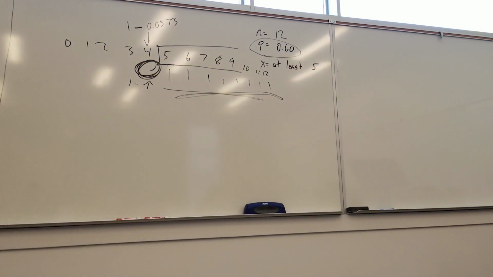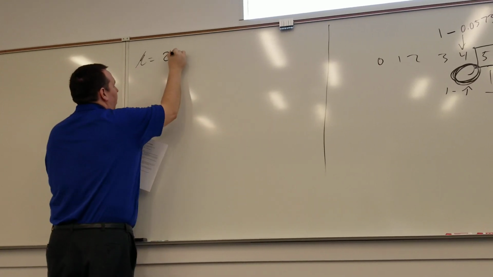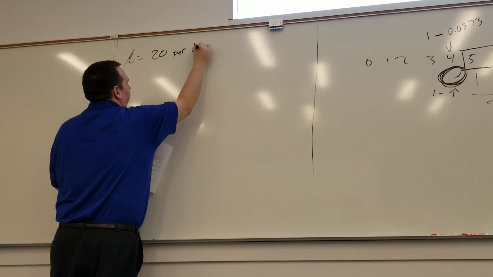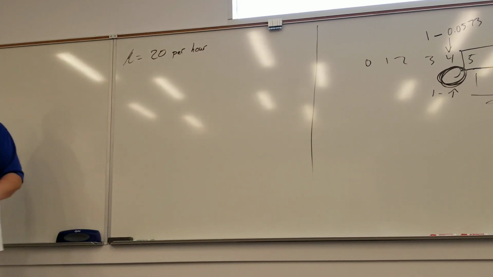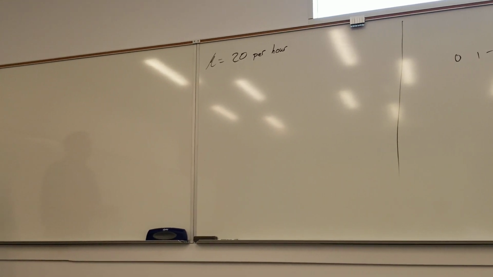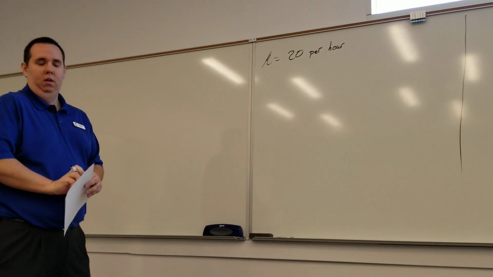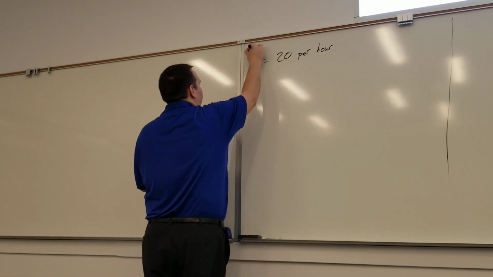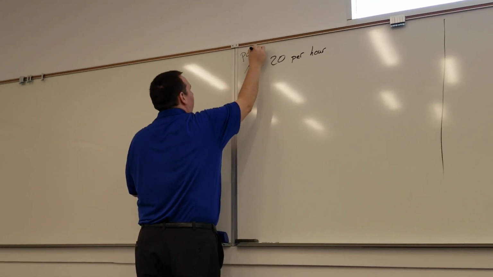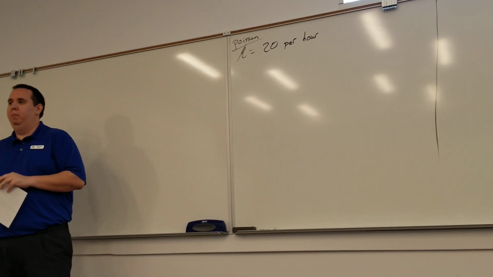What's the giveaway here is that our mean is 20 customers per hour. So since our mean is given in terms of time, that's the giveaway for it being a Poisson problem.